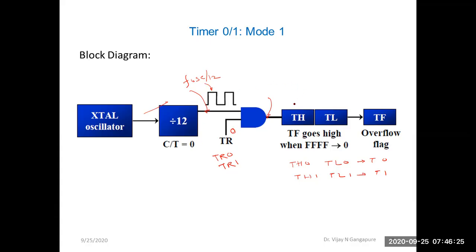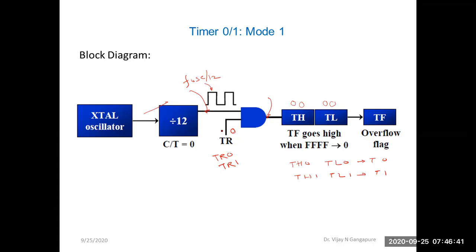Whatever initial count was loaded will remain the same. For example, suppose the initial count is 0 0 here and also 0 0 here. When this TR bit is 0, these clock pulses will not reach the output and there is no effect on the count of this timer register.